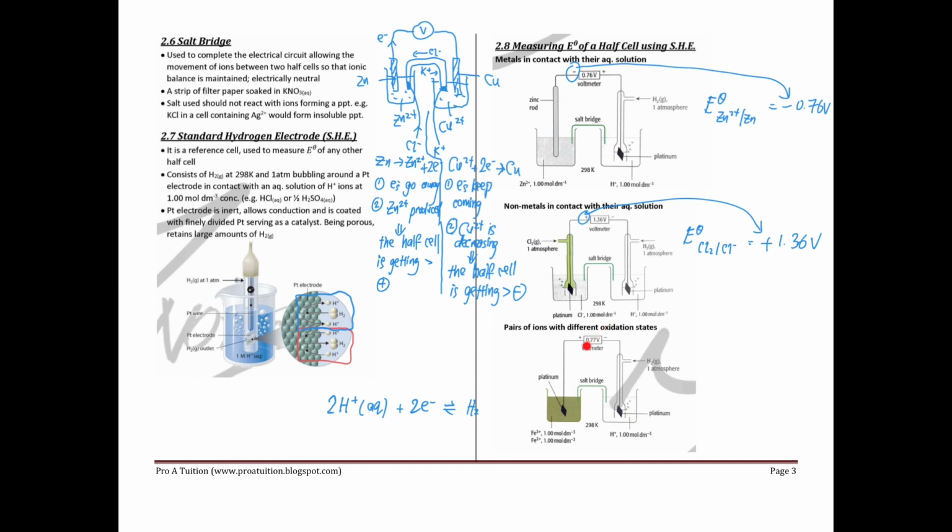So the reading here is 0.77, which means your E theta for Fe3 plus to Fe2 plus is equal to 0.77 volt. Positive or negative, you see the voltmeter. The positive is connected to that side, so this is positive. Okay, so we settled this page already. Now let's move on to the next page.